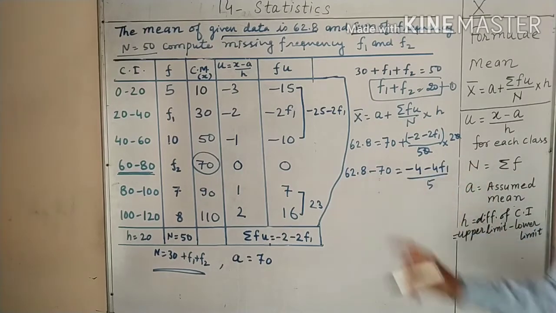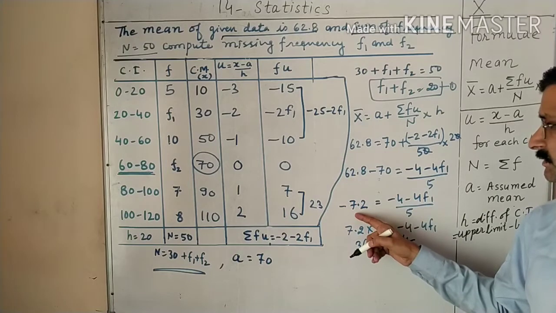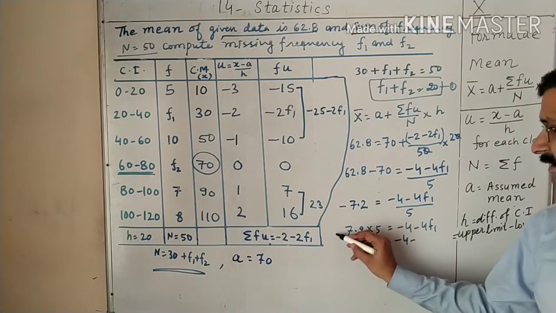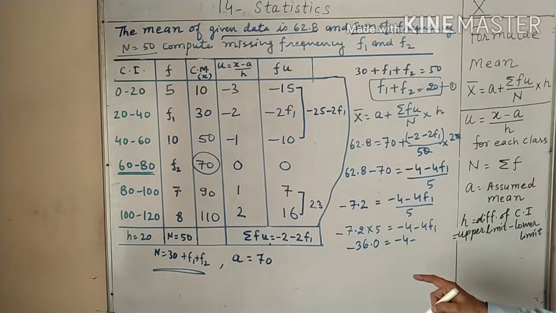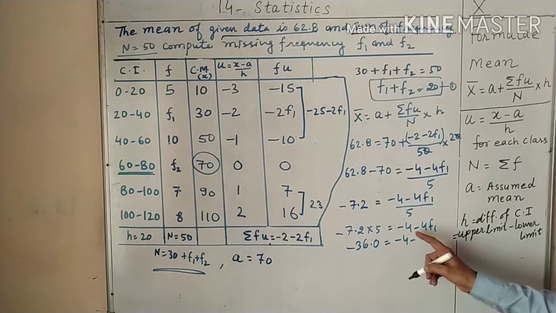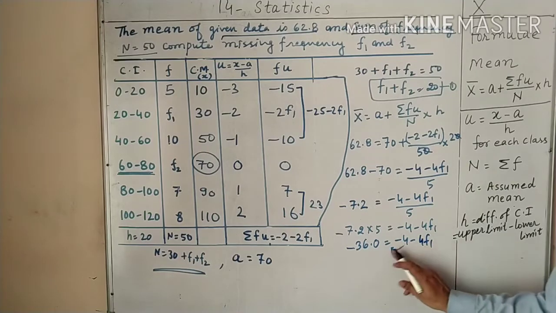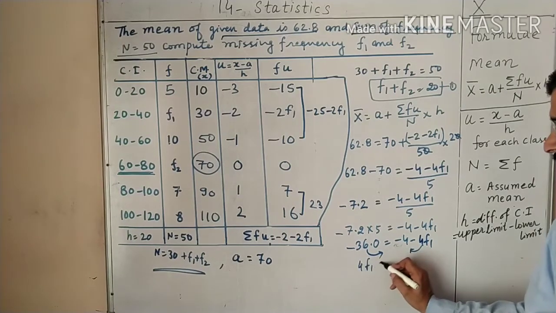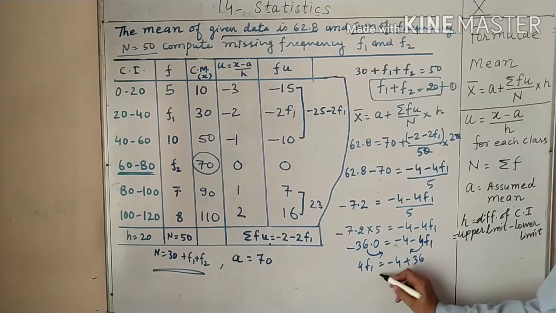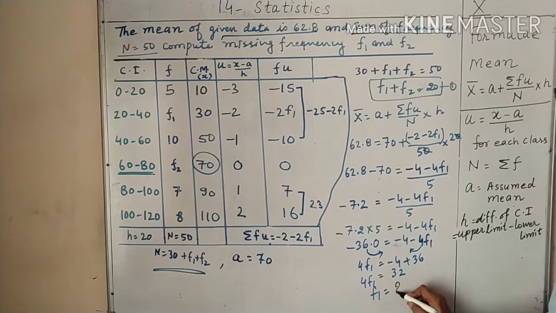Now 62.8 minus 70 gives -7.2. Cross multiplying, -7.2 into 5 is -36, and -4f1 we write as it is. Now transfer: 4f1 equal to -4 plus 36, that is 32, so f1 equal to 8.